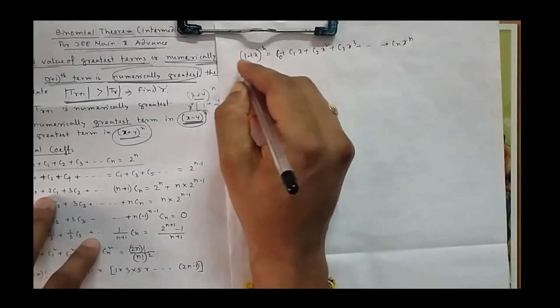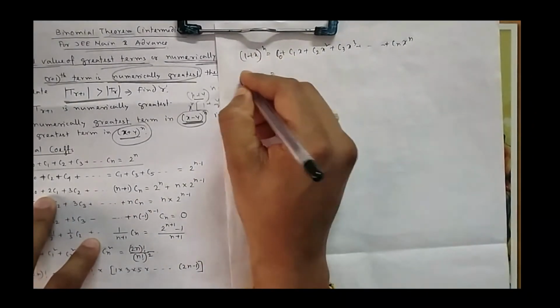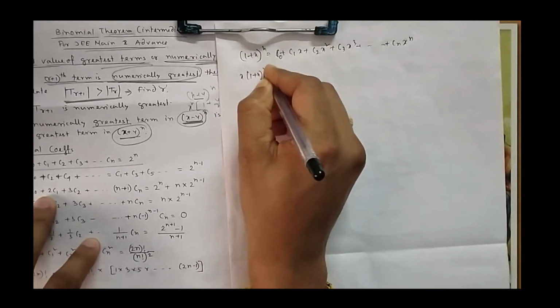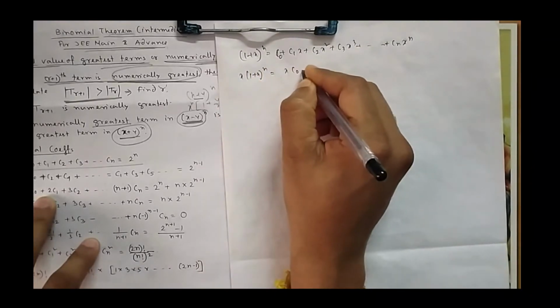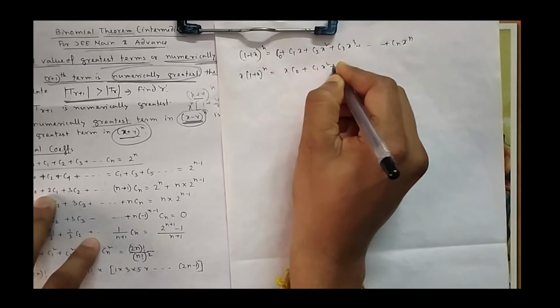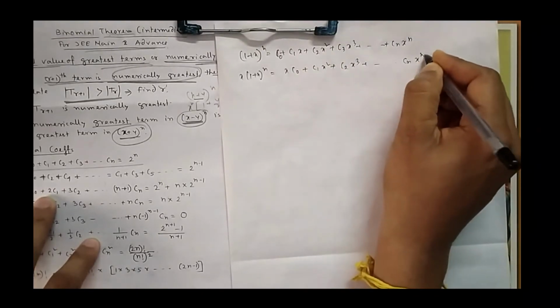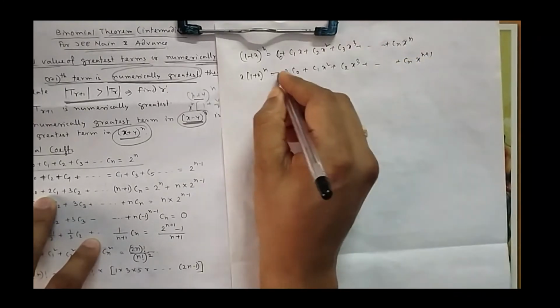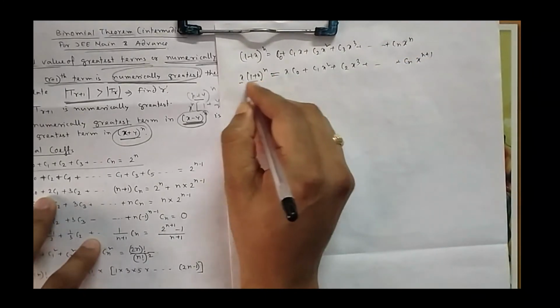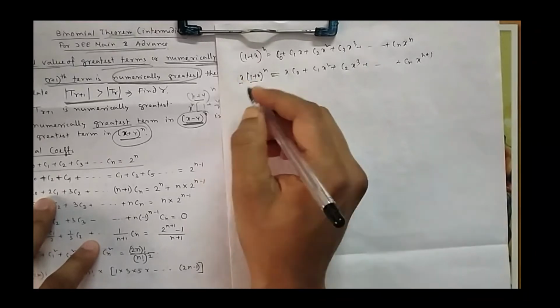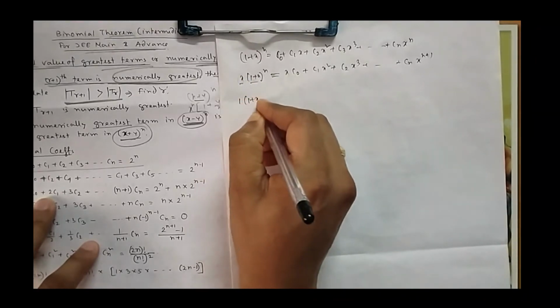So you multiply this one by x, both sides. So it becomes C0x plus C1x square plus C2x cube, and so on, Cn x to the power n plus 1. Then you take differentiation. You will know that this is a product rule. First you differentiate x, it will be 1, keeping this one constant.